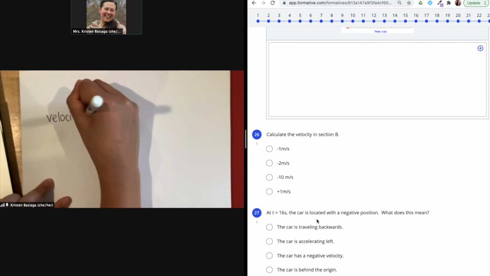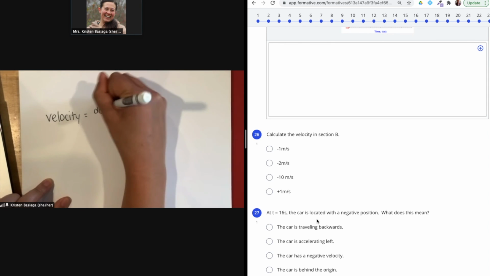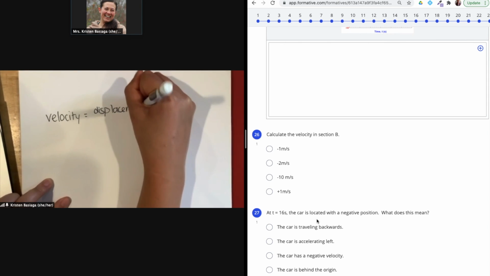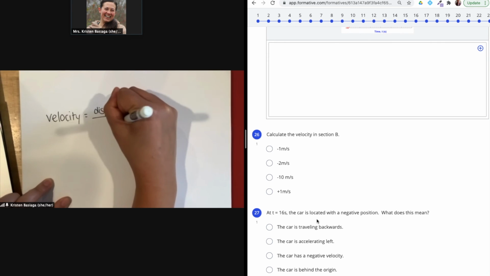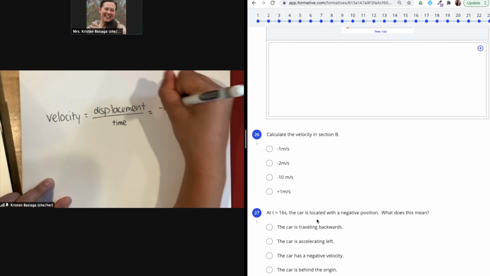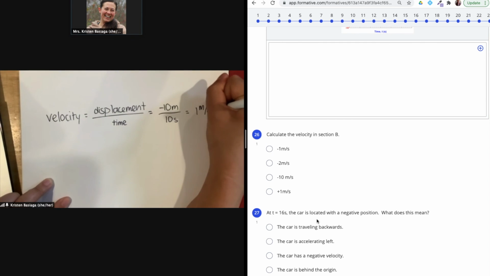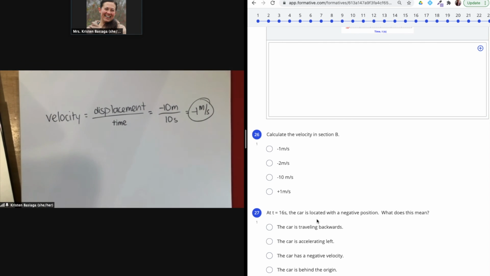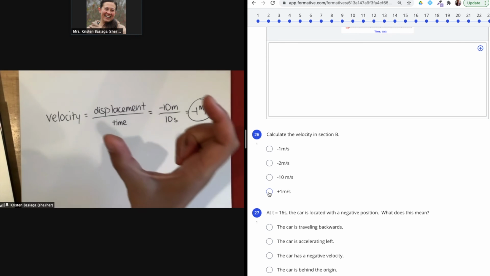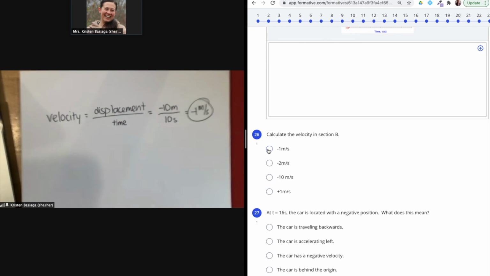Velocity is displacement over time. 10 meters back in 10 seconds of time is -1 meters per second. Note that the speed would be positive, because speed's always positive. Think like it's the absolute value of the velocity in a segment, right? But the velocity is negative.